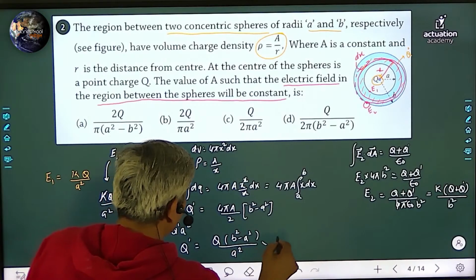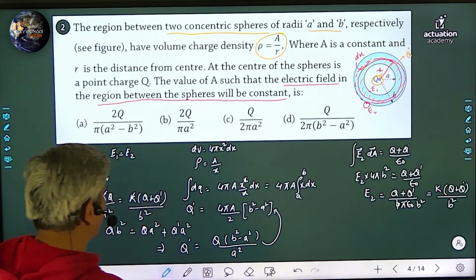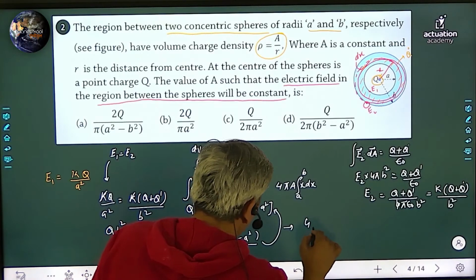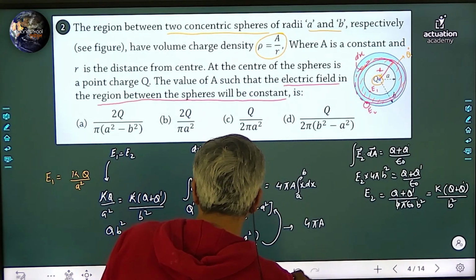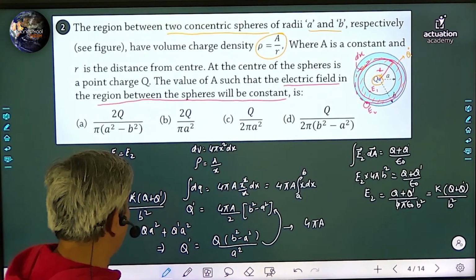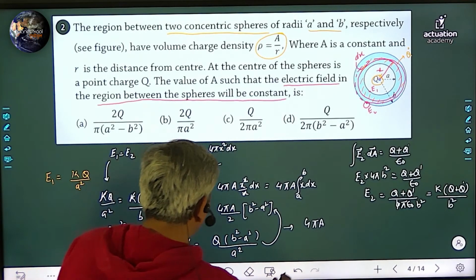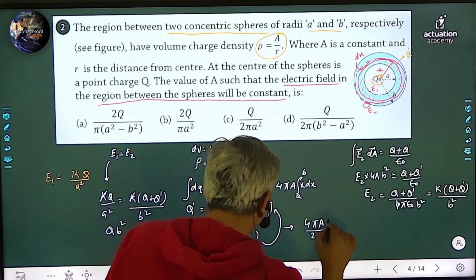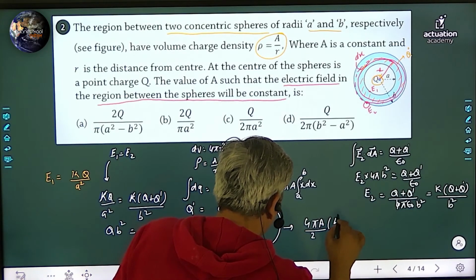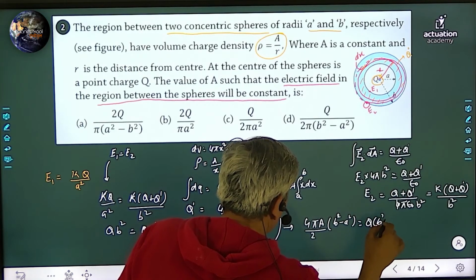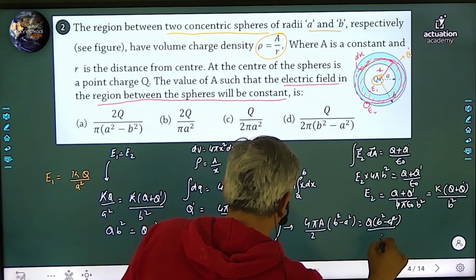Now compare Q dash and Q dash from these two equations. We'll be getting 4 pi A by 2 into b square minus a square is equal to Q into b square minus a square divided by a square.